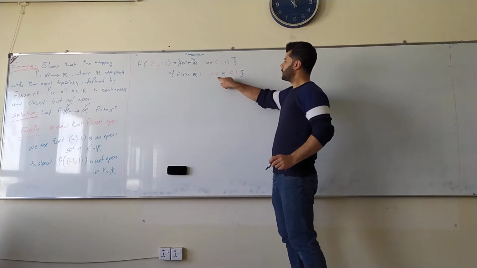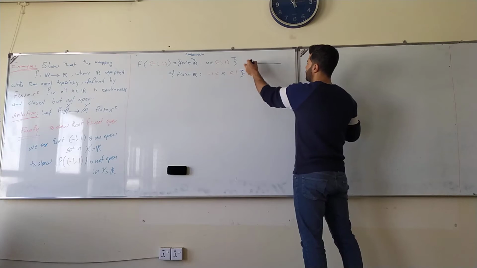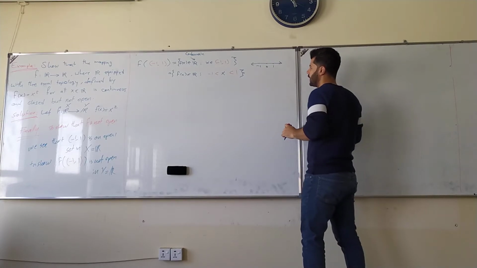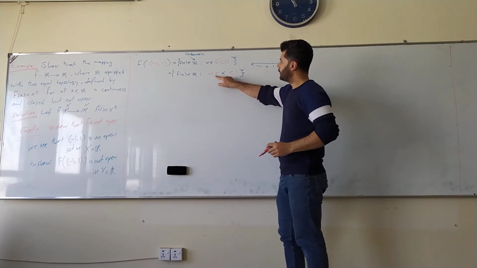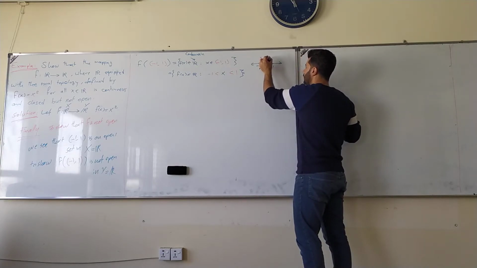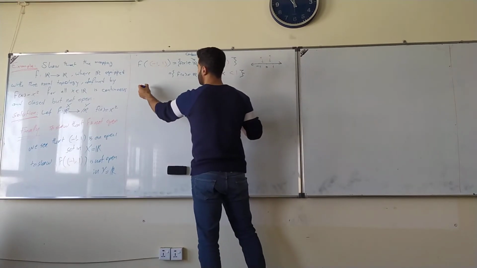So this one is divided into two parts, because you have 0 here, -1 here, and 1 here. When you say that x belongs to -1 to 1, x may be here or maybe here. So it's divided into two parts.